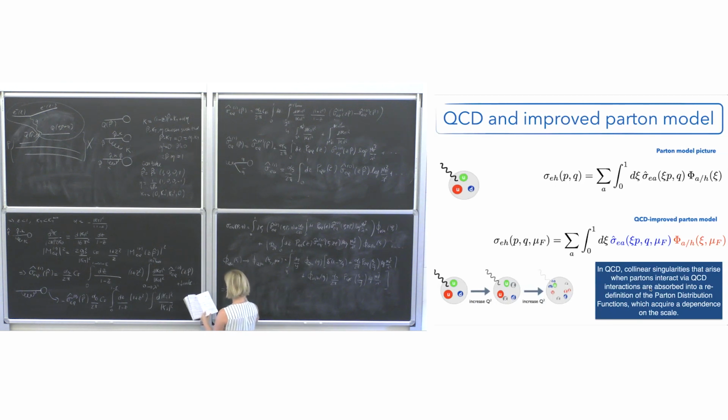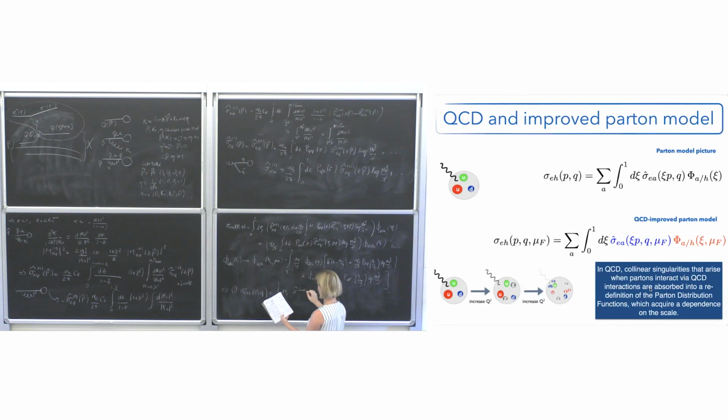So the first one is that now sigma hat of PQ can be just written really like the sum, the integral of now a sigma hat, which is finite.